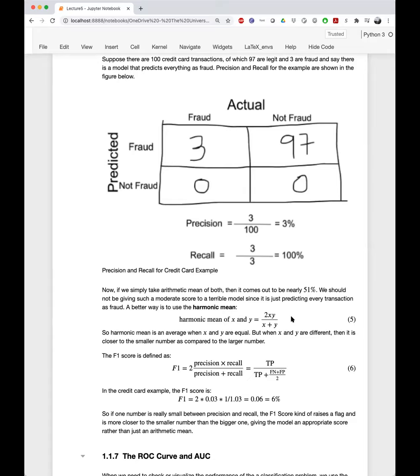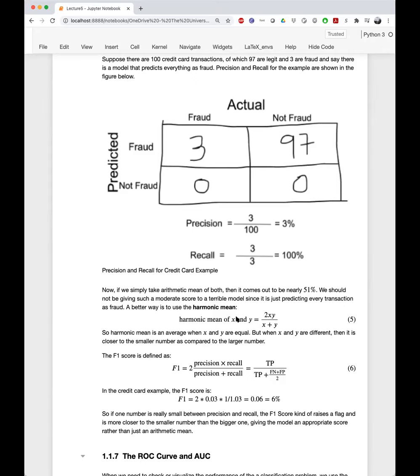The extreme case is x and y are equal, then you have 2x squared divided by 2x, you get x. So if x and y are equal or close, the average will be close to x or y. If one is really small, then this number will get closer to that smaller one.